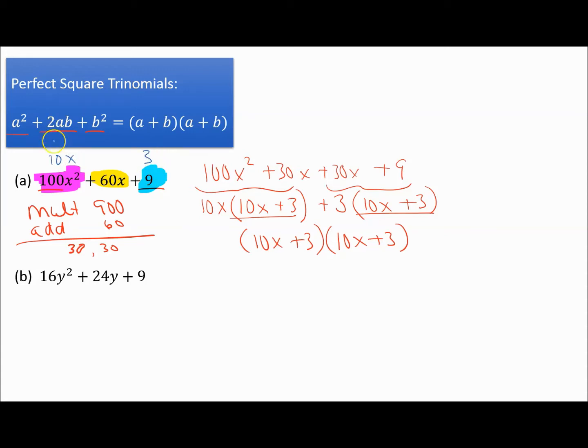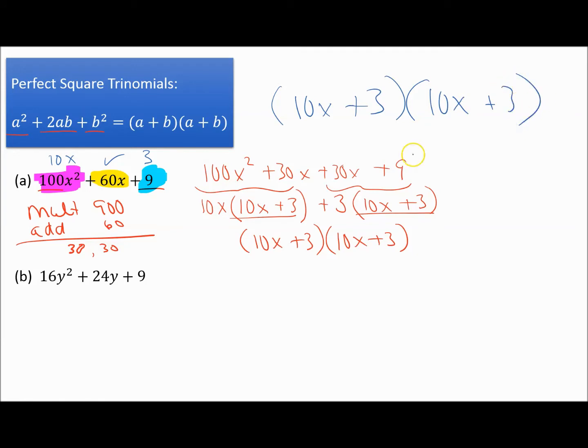If we multiply those two together and double it, 10x times 3 is 30x, times 2 is 60x, it checks out. Then my answer is just the square root of each of them, times itself. So that would take me straight to A is 10x plus B is 3, times 10x plus 3.